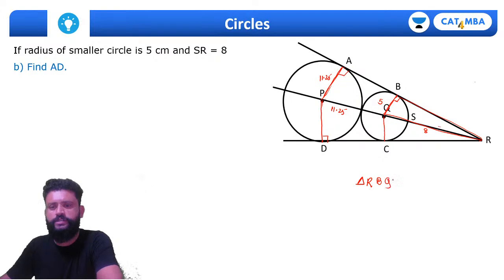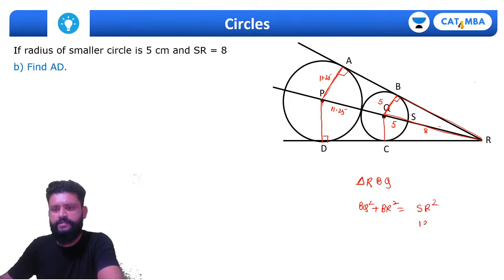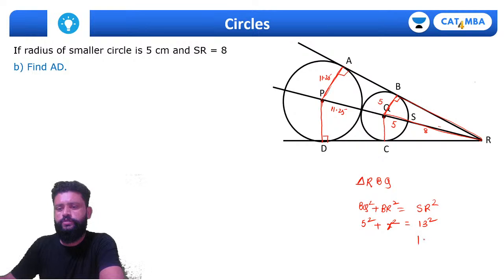I am talking about triangle RBQ. In triangle RBQ, BQ square plus BR square has to be equal to SR square. SR is 13 square, BQ is 5 square, so 169 minus 25, it has to be 12.